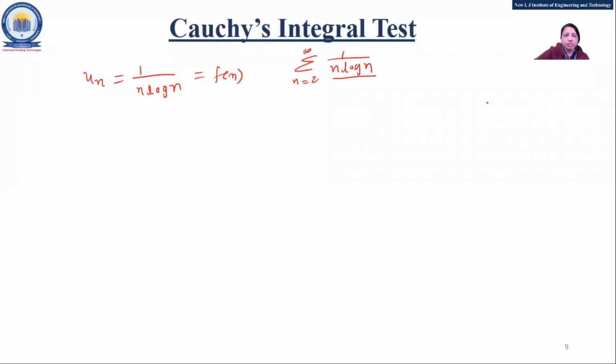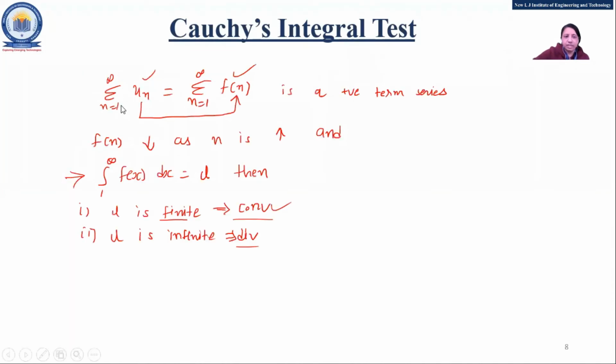Okay, fine. So f(x) equal to nothing but 1 upon x log x. Now you need to do integration. You have to take un as fn, then you need to write f(x), then integration from 1 to infinity.